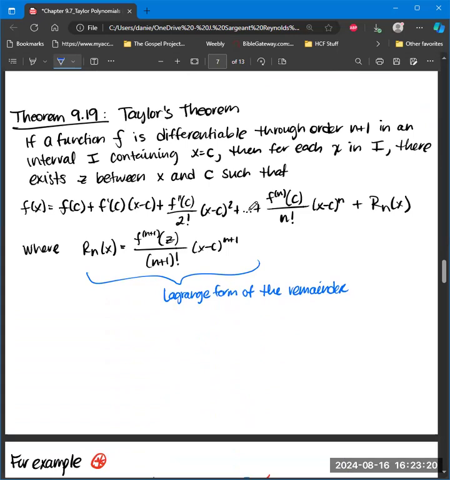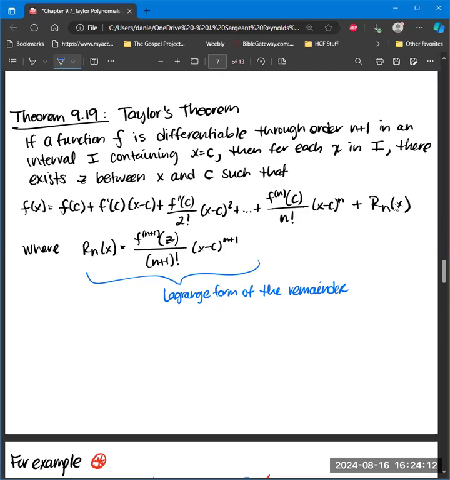So Taylor's theorem, theorem 9.19: if a function f is differentiable through order n plus 1 in an interval I containing x equals c, then for each x in I, there exists a z between x and c such that f of x equals f of c plus f prime of c times x minus c, and you already know all that, that's the Taylor polynomial of degree n, plus the remainder, where R sub n is equal to the next derivative at z over n plus 1 factorial times x minus c to the n plus 1.